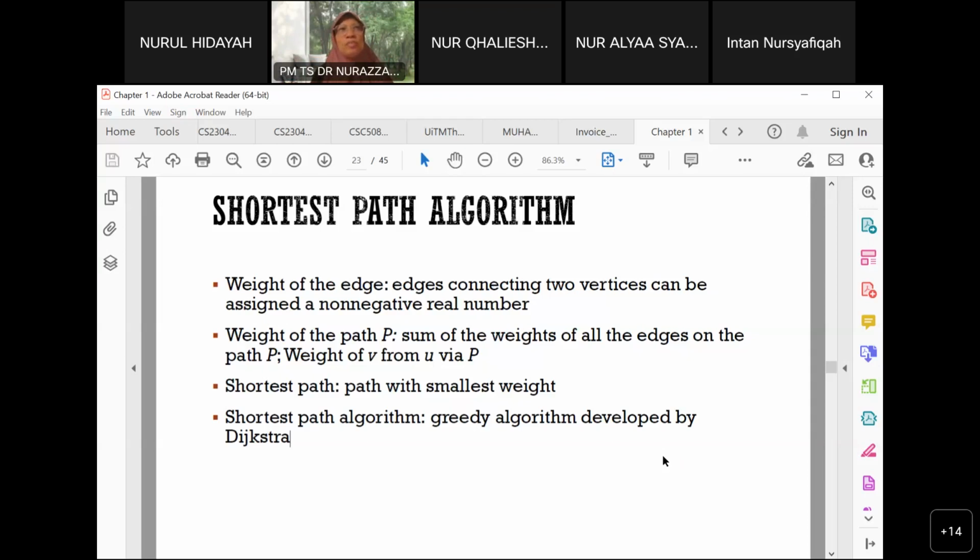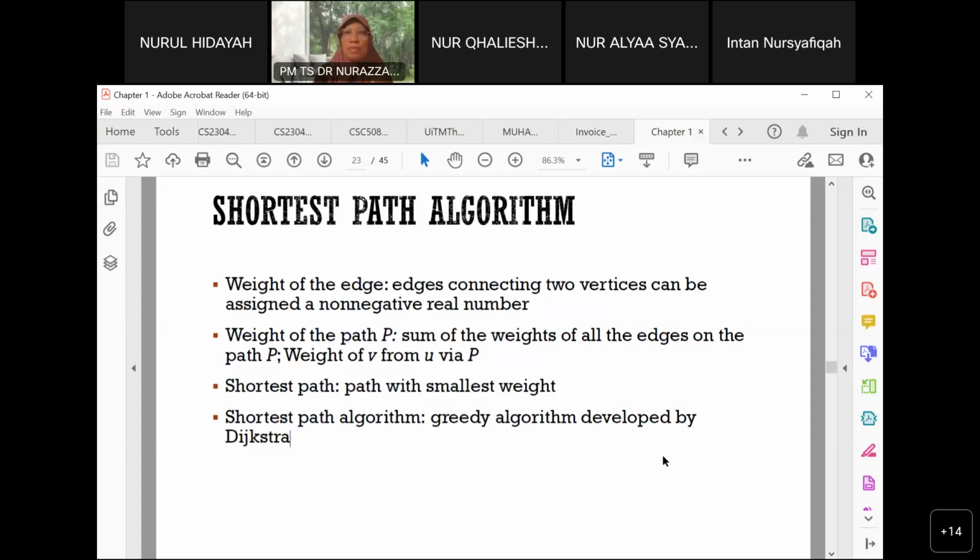Usually the shortest path algorithm is applied in what we call the traveling salesperson problem, where this salesperson wants to find the shortest path to go from one city to another city, or from one place to another place, so that it will minimize the cost of traveling.